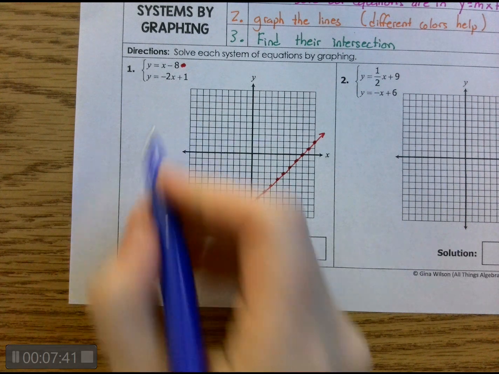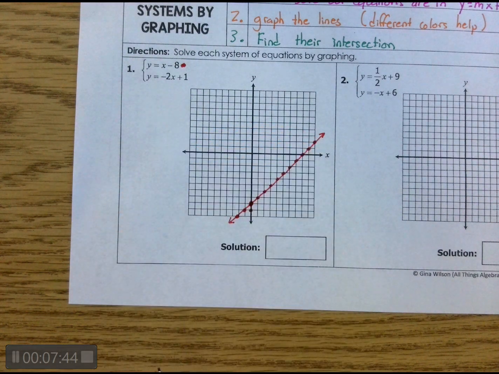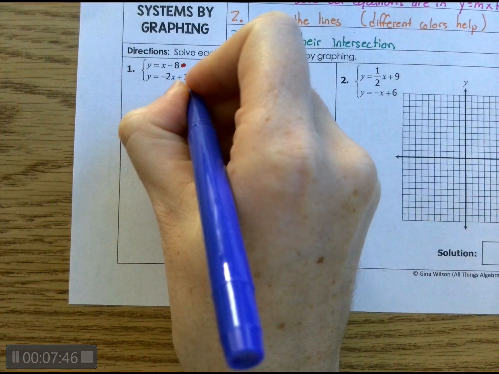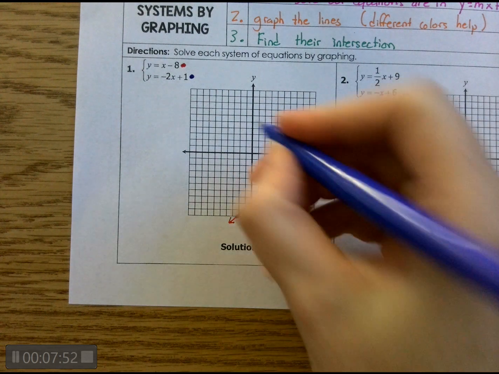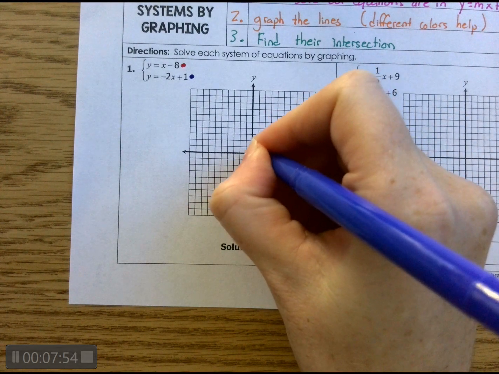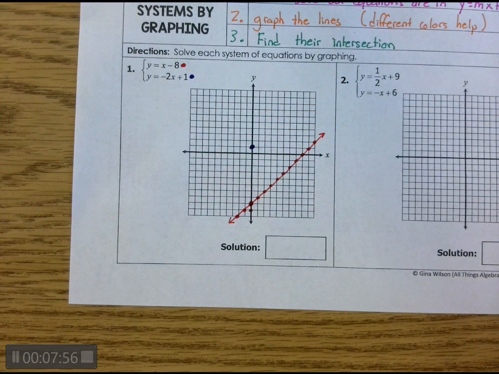And now we're going to graph the negative 2x plus 1. Okay, and I'll go ahead and make my little dot. So graph your y-intercept, which is 1, because that's our b. And this time our slope is negative 2. So because it is a whole number, we need to put a 1 underneath it. And remember, it's rise over run.